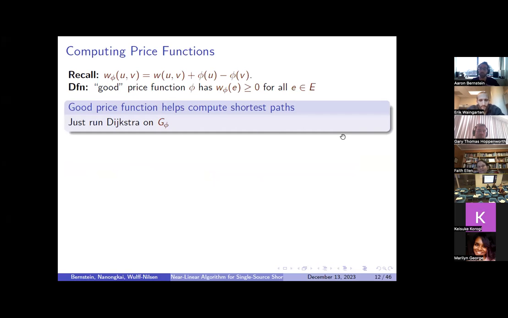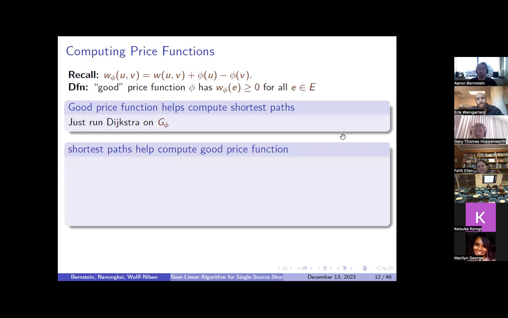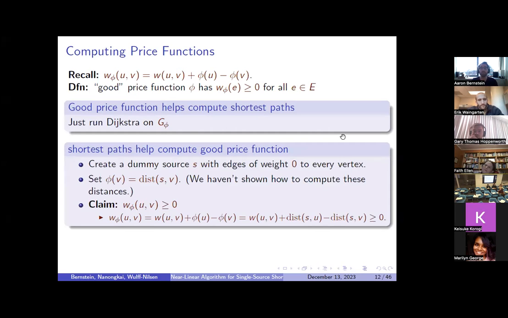So we can see that computing a good price function, and by good price function I'm always going to mean that all the edges become non-negative, immediately lets you compute shortest paths. It turns out the opposite is also true. If you have an algorithm to compute shortest paths, you also have an algorithm to compute a price function. The idea is you just take a dummy source, connect it with weight 0 to every vertex, compute shortest paths from that dummy source, and set the price of every vertex to be this shortest distance.